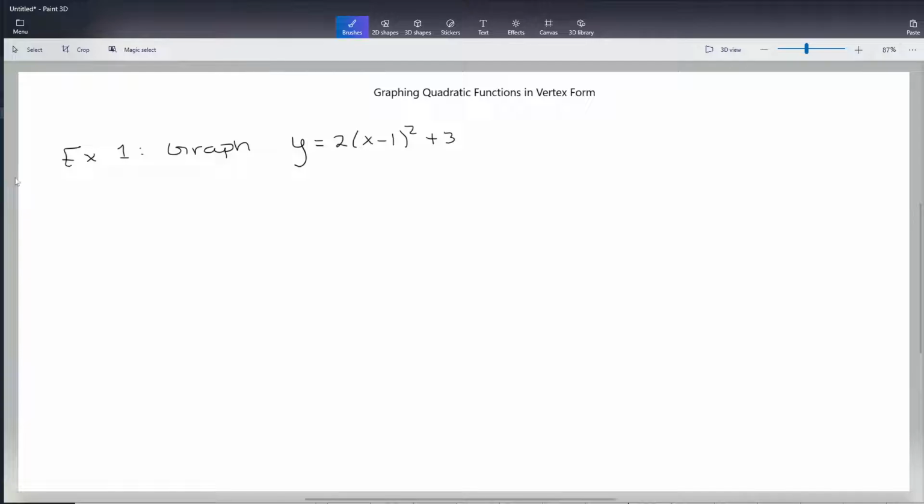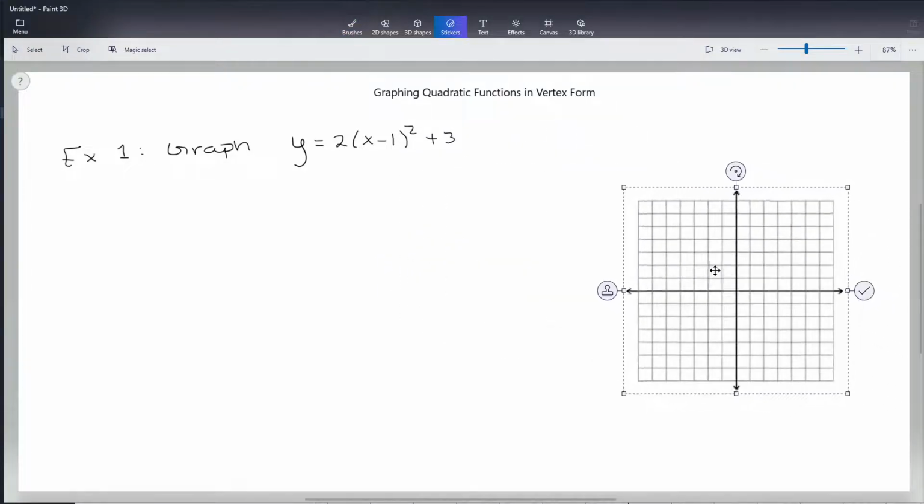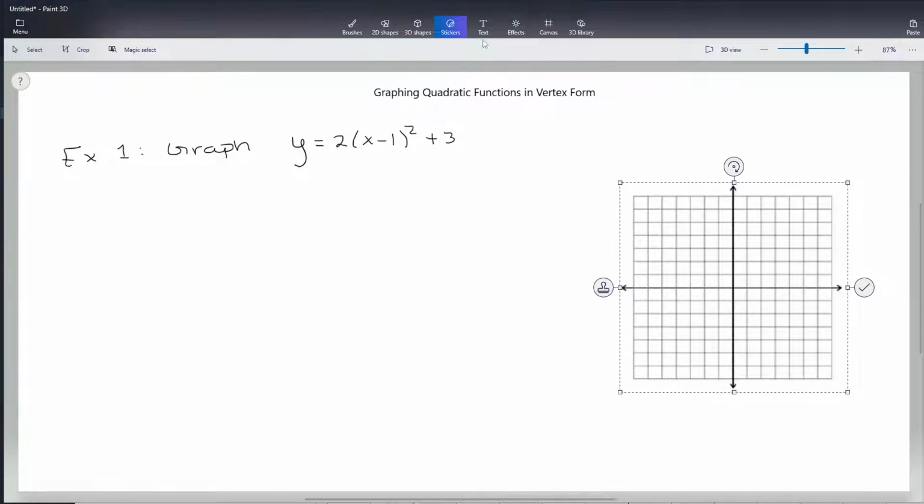So we're going to go ahead and look at how to graph this. Let's go ahead and put our graph in. The first thing I want to do is start by writing down the vertex.